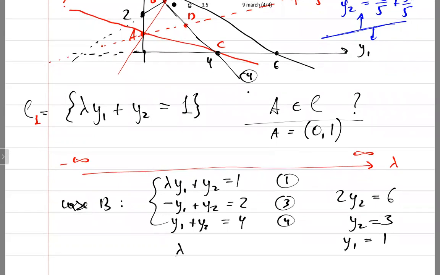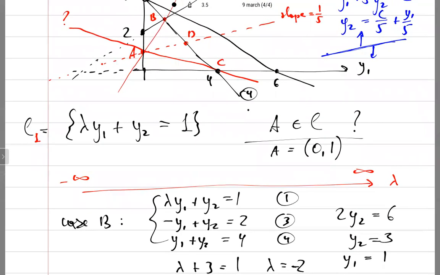And basically lambda plus 3 is equal to 1. Then lambda is minus 2. So in case B, lambda is minus 2.